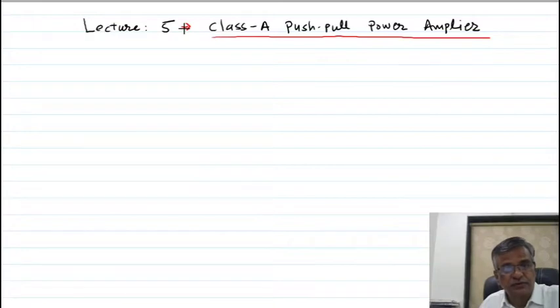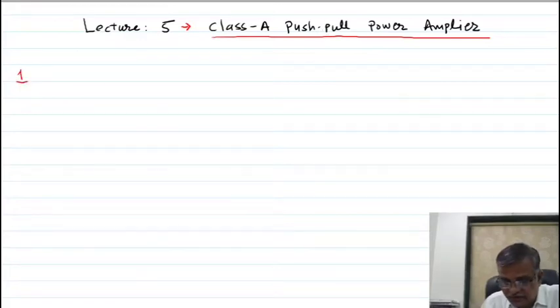In lecture 4, we saw the design theory and the disadvantages of the transformer coupled amplifier. Today we will see how these disadvantages can be overcome in a class A push-pull power amplifier. So let us see the 3 disadvantages in continuation of this lecture.